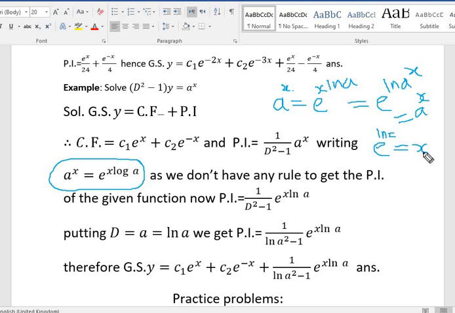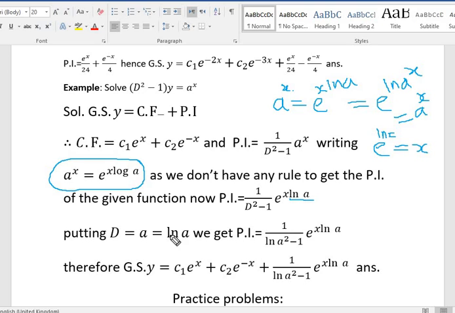So write the PI as 1 divided by D^2 minus 1, acting on e^(x ln a) in place of a^x. Why am I distributing it like this? Because we know the form e^(ax), where D equals a.